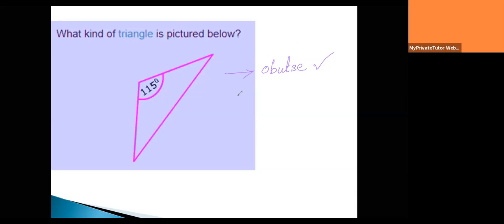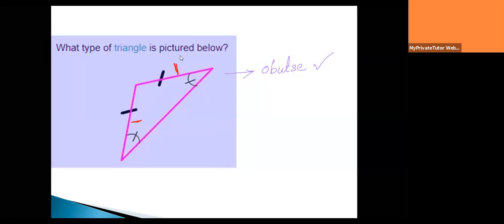There is no instruction given, so we can't decide. Do you agree with me? Yeah, Joseph. I hope you understand this. Because no instructions are given. If they had given two tick marks here like this, then you could have decided it is a scalene triangle. Okay.